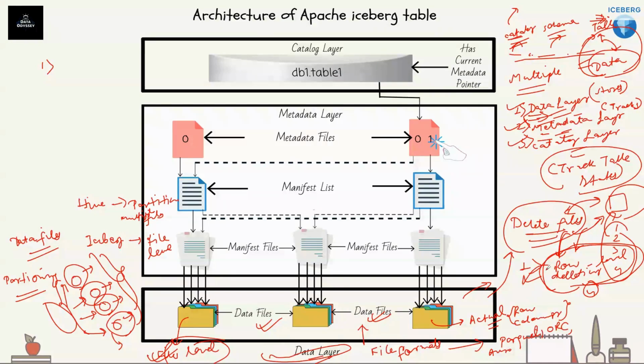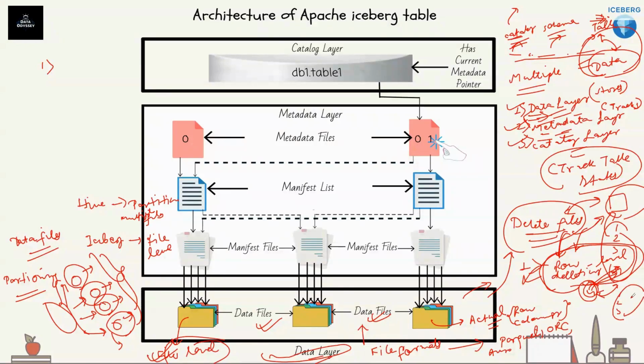But the delete file will get an input that record 4 is going to be deleted. So when the user queries that particular table, the data file and the delete file get combined together, and it does not show the fourth record to the user, even though it's present in the data file. It will show only 1 2 3.